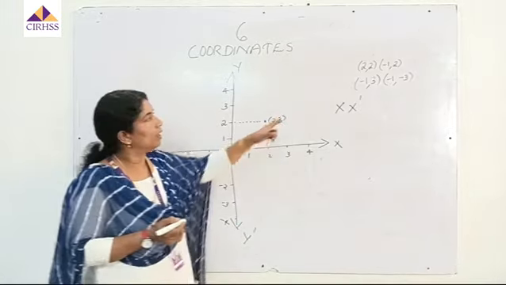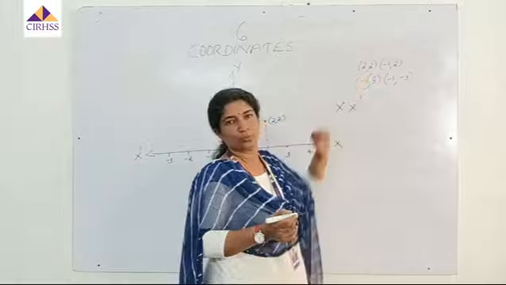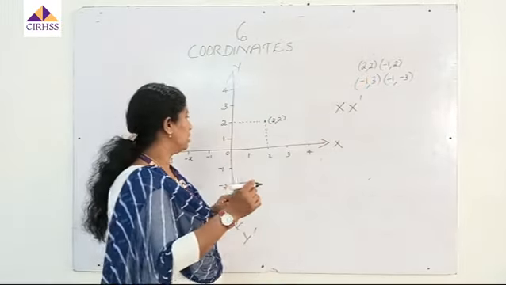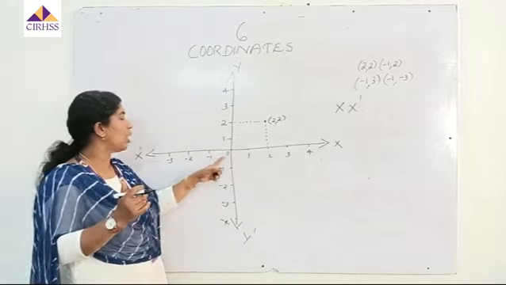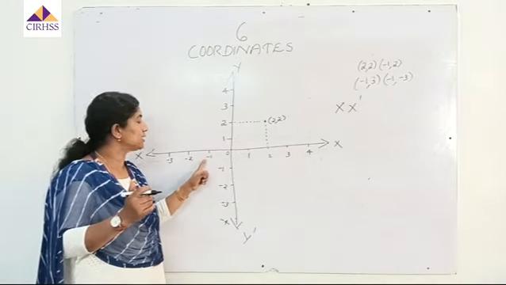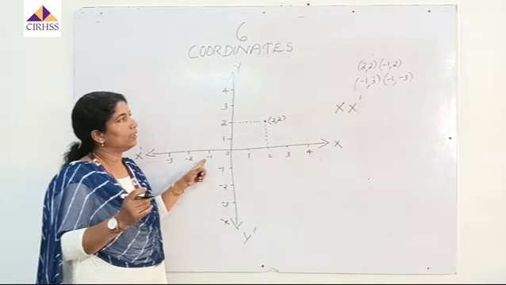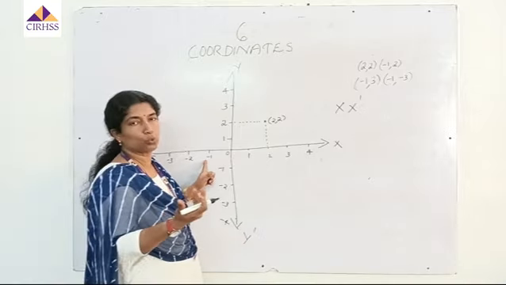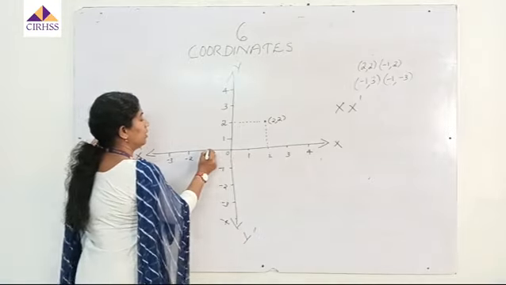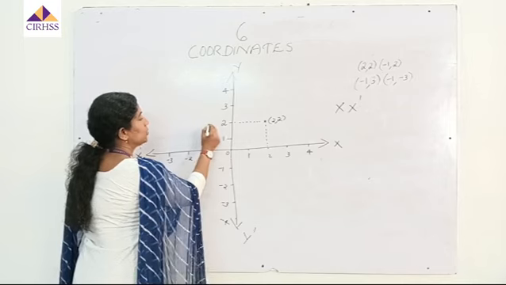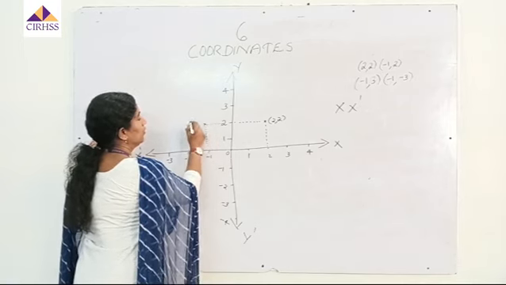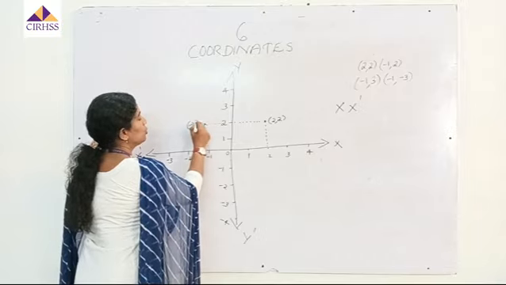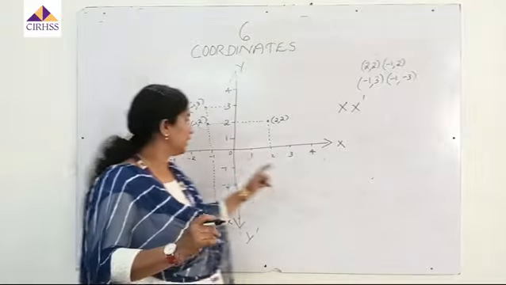Next, (-1, 2). First consider the x-axis, that is -1 is here. Then upward 2. On the y-axis 2, we get (-1, 2) here.